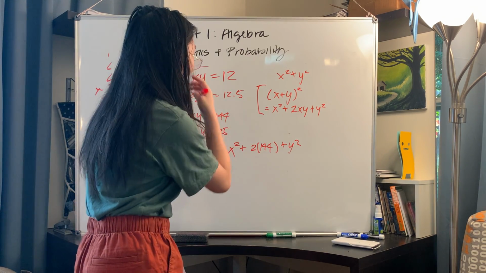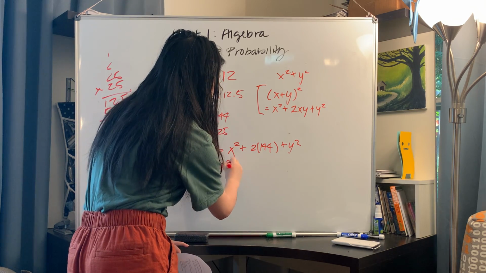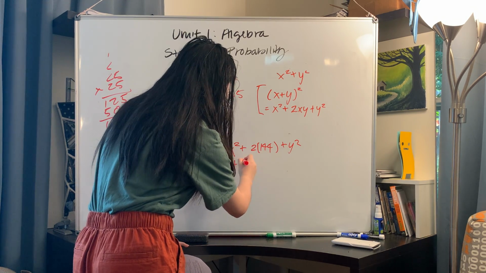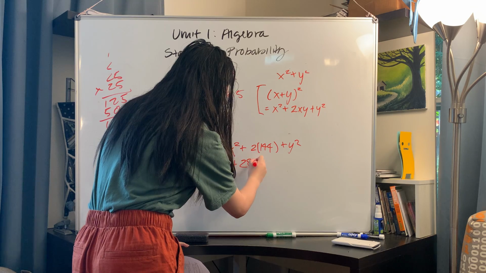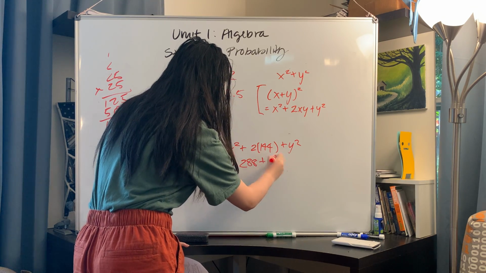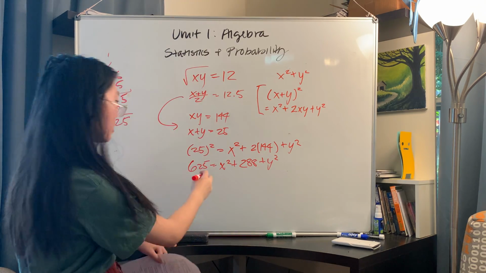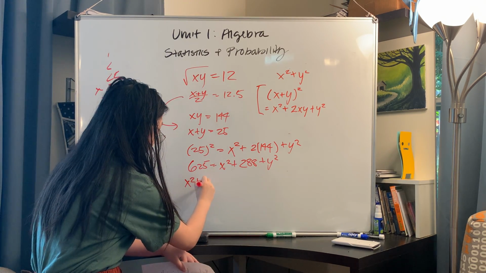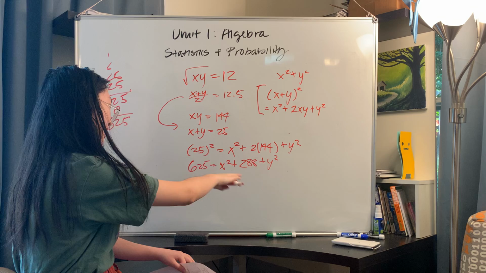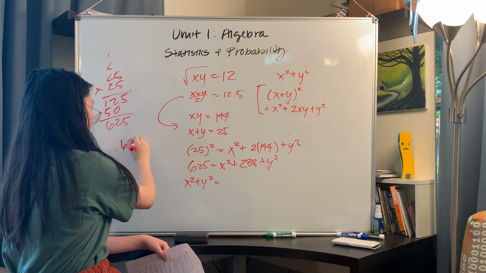So 625 is equal to x² plus 2 times 144, which is 288, plus y². And so to figure out what x² + y² is, we just need to subtract 288 from 625.